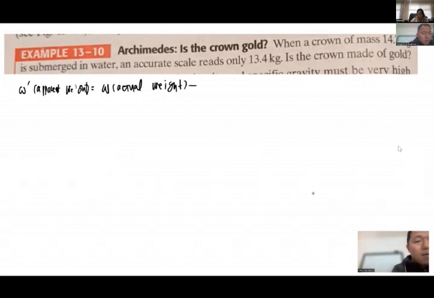That should be W, the actual weight, minus the buoyant force at B. So that should be the net weight, the apparent weight W prime. The actual weight minus the apparent weight is the buoyant force.